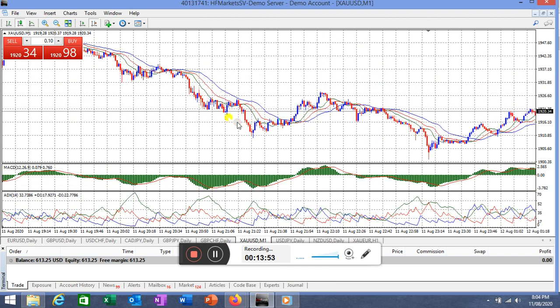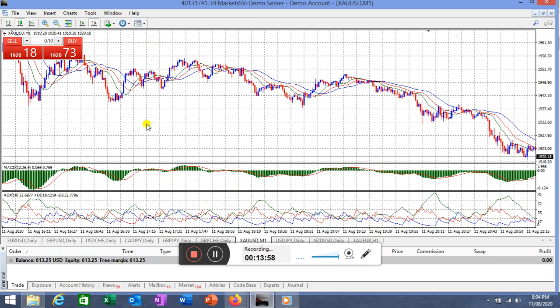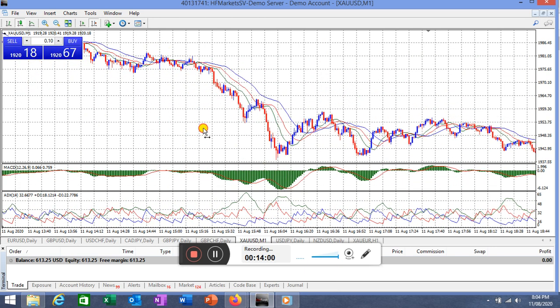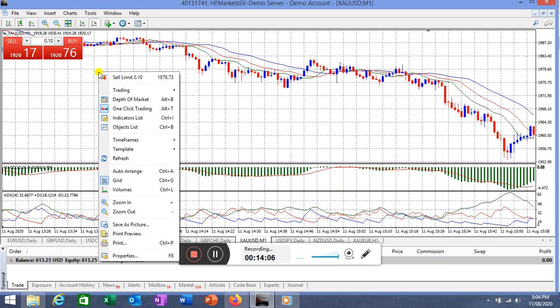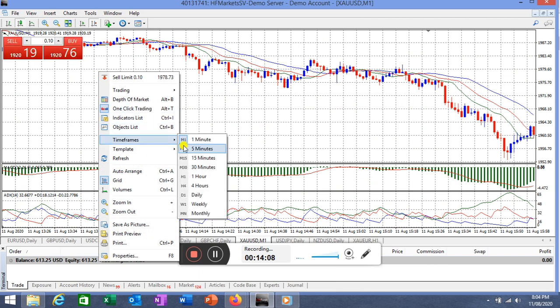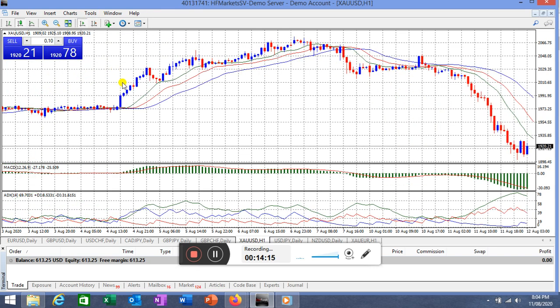Even though we had that drastic movement, you have to be careful in terms of how you enter the trade. If you look at the wicks, it had a lot of long wicks. If you go to the 1 hour chart, you'll see pretty long wicks.